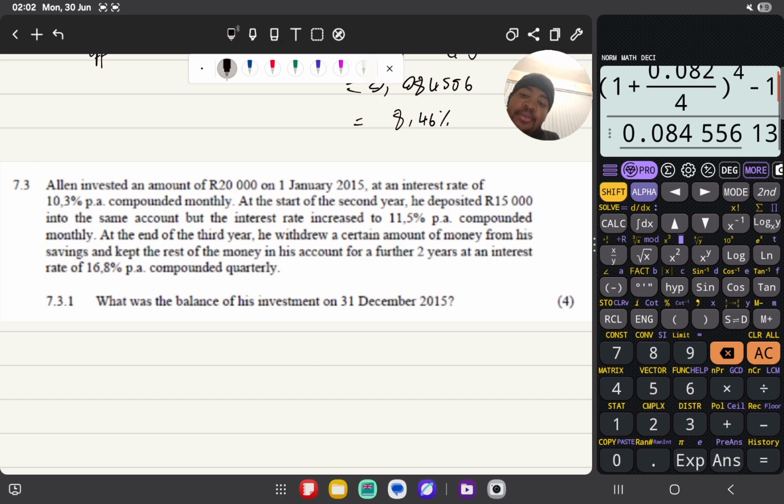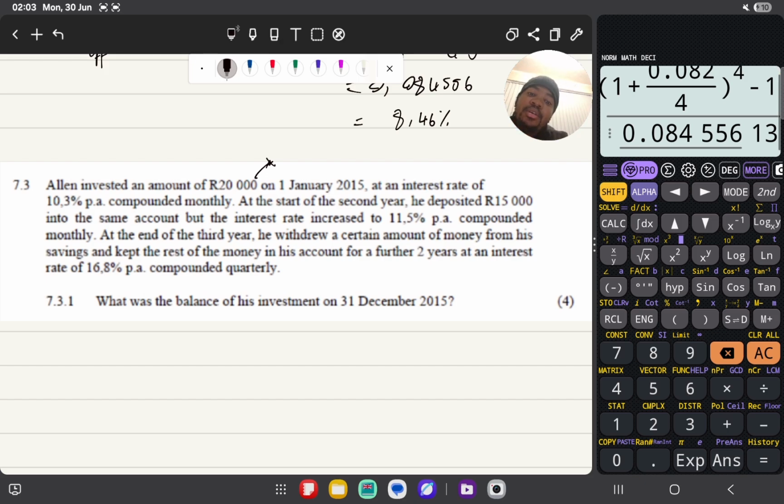Alan invested the amount of 20,000 on 1st January 2015 at an interest rate of 10.3% per annum compounded monthly.